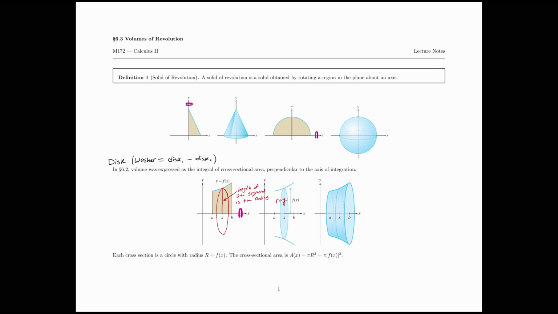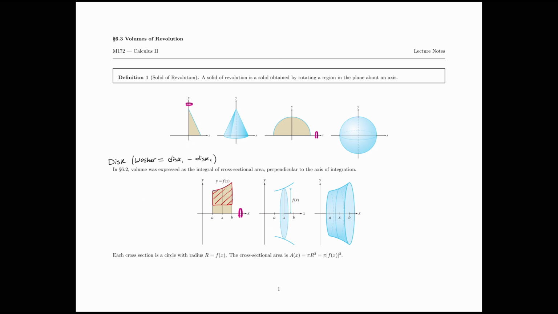So there's a couple of things that can happen. Well, for instance, perhaps instead we just rotated maybe this region. Maybe we didn't go all the way down. We just rotated this region. Well, in which case, we're still rotating about the x-axis, but there's this gap here.